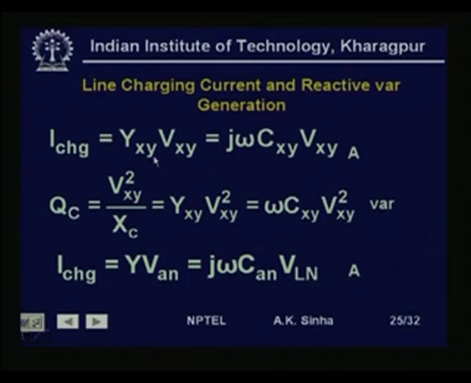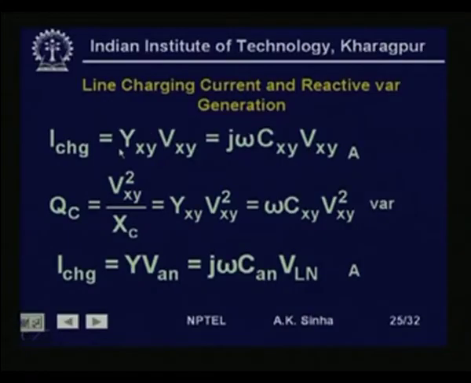Admittance will be twice pi f into C, that is, y will be equal to j omega C. So, we can find the admittance between the phase conductor and the neutral or the ground.